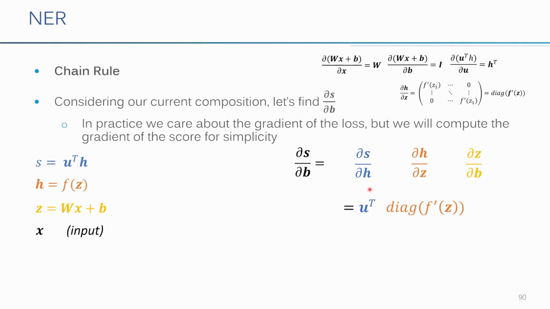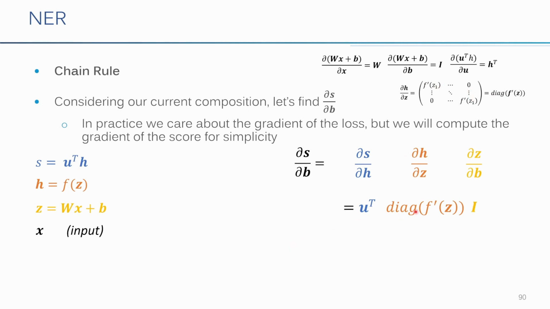Then if we do the derivative of h with respect to z, we already know that this is just a diagonal function. This is the diagonal derivatives that we have for this matrix. So more specifically, it is the diagonal of the derivatives of all the terms in which i equals j.